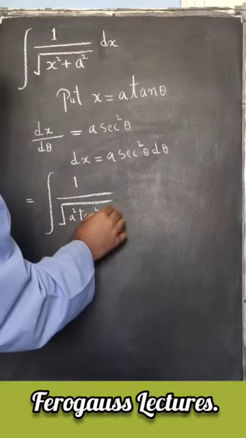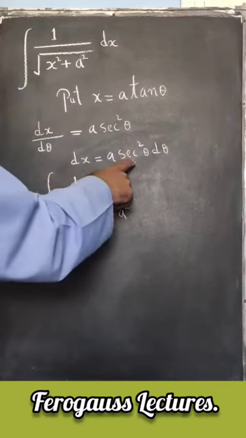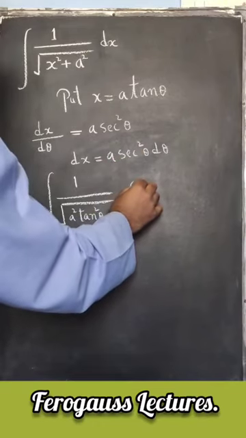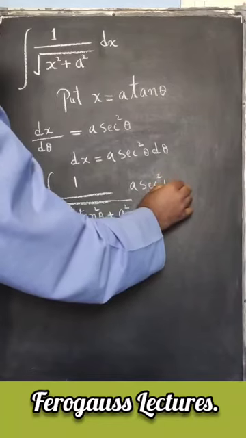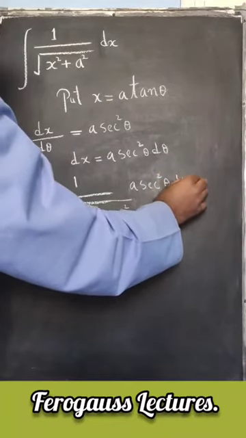Now instead of dx we have a secant square theta d theta, so we write a secant square theta d theta.